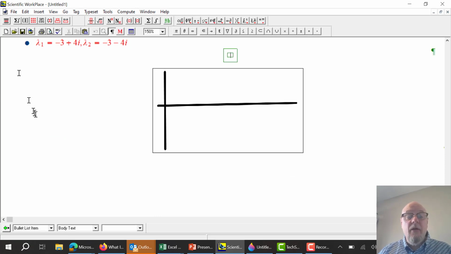Now in this case, writing down the general solution, I can't just go e to the first eigenvalue t, e to the second eigenvalue t. When you see complex conjugate eigenvalues, you know you're going to get trig in the answer.